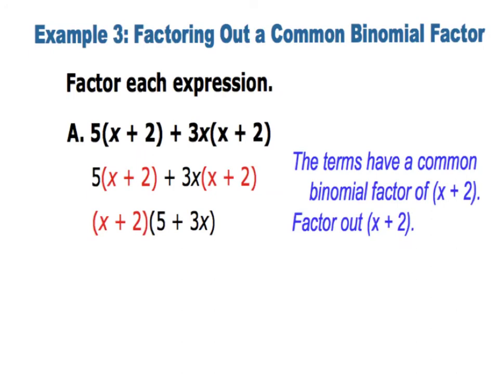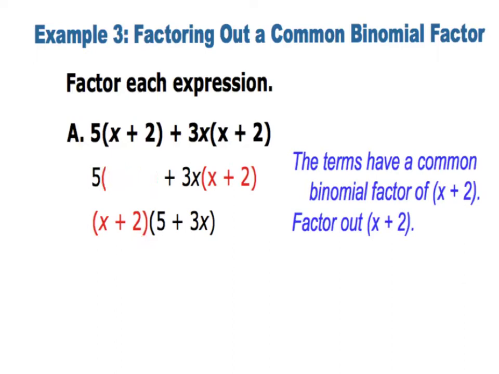If we have a binomial that's common to each of these terms, and here I turned it red, I want you to notice what happens. We can take this binomial and we can factor the binomial out. So if I take that binomial and I pull it out front, I'm left here with x plus 2, and what's left inside if I take this away? For example, let me just cover this up for a second. Let's say I were to pull this binomial out, and this here is gone.